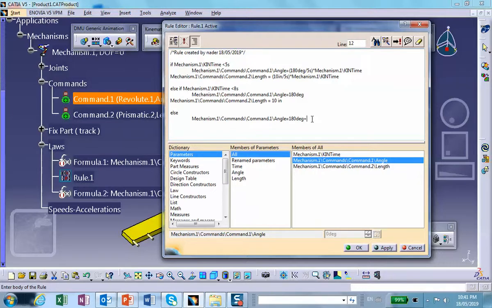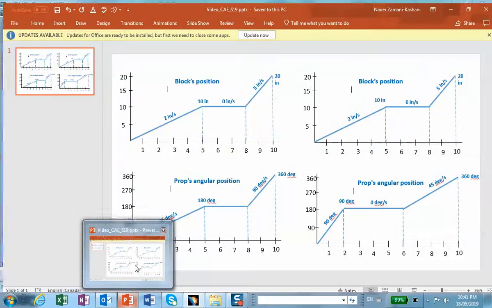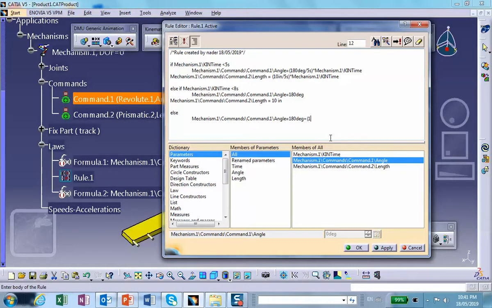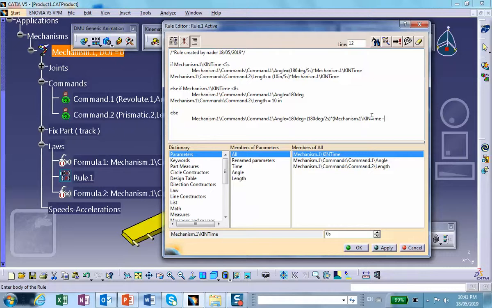Plus, if you look at your velocity profile, you see that it goes 180 degrees in 2 seconds, or 90 degrees in 1 second. So that is exactly like it is. You just look at the graph, 180 degrees in 2 seconds, times, parentheses, time, and do not forget to subtract 8 seconds from this.